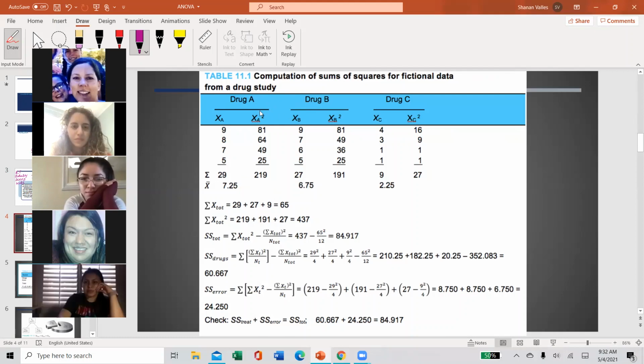So it just depends on how many groups you have, right? If you have like 4 or 5 groups, oh my gosh, your numbers just go on forever. Talk about tedious. So in this example, they're comparing drug A, drug B, and drug C. Okay, so we have our 3 groups.